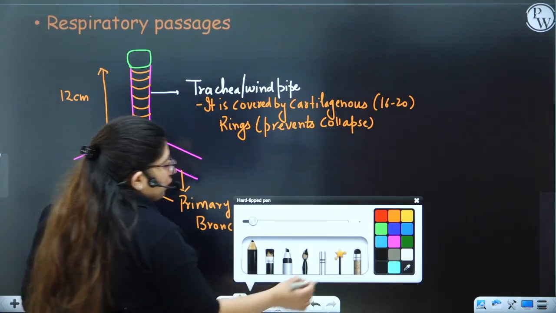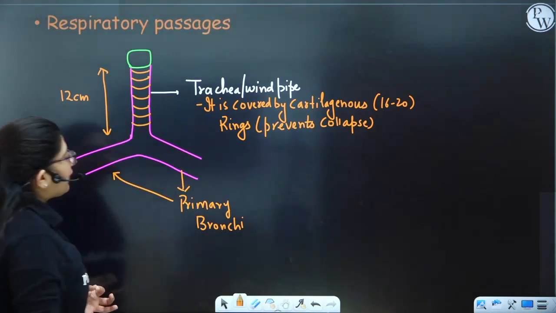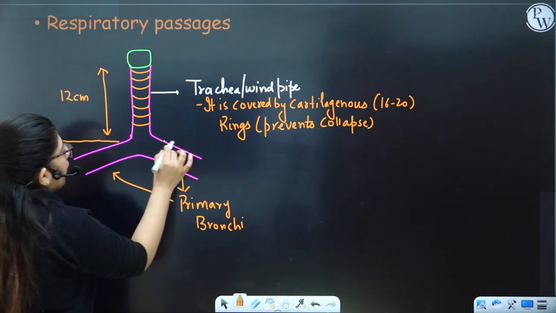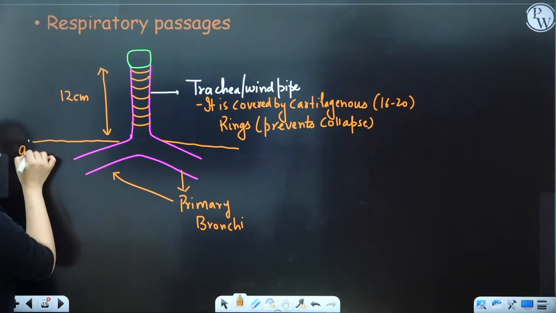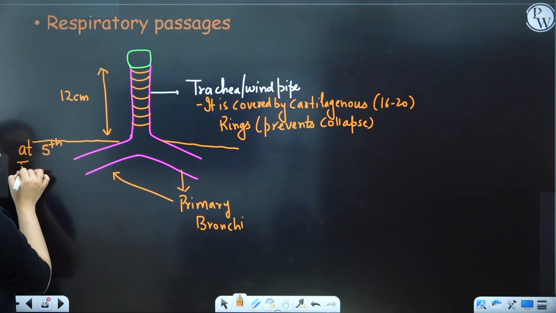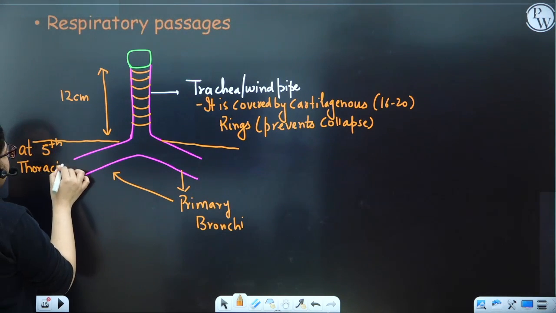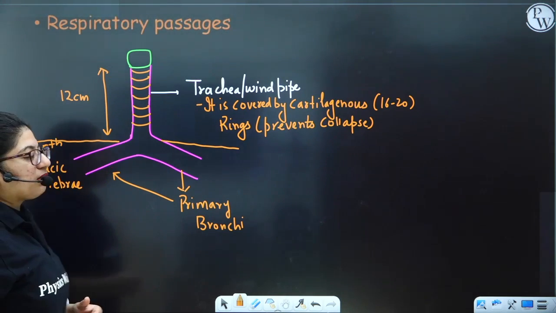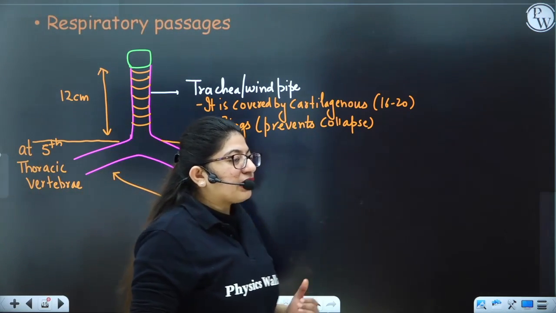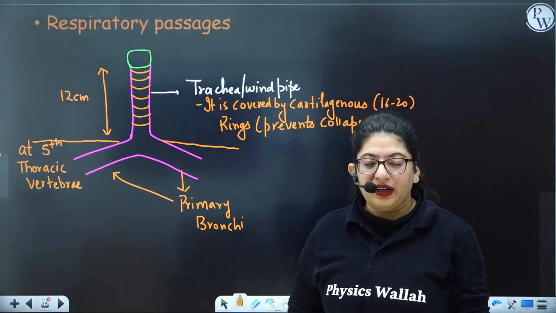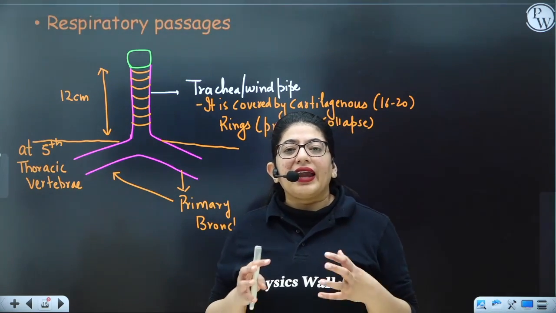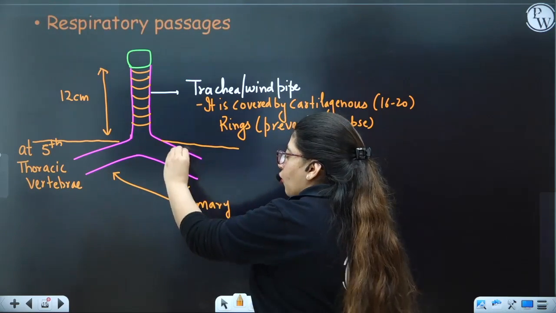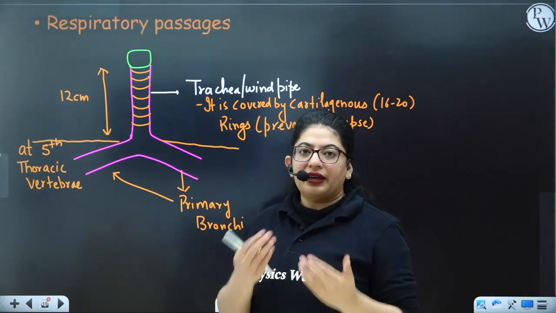So if someone asks you where exactly your trachea bifurcates into primary bronchi, you will say at the fifth thoracic vertebra. So from here the respiratory tree starts, right? What is a respiratory tree? Like trees have branches, these small pipes are present like a tree, right?